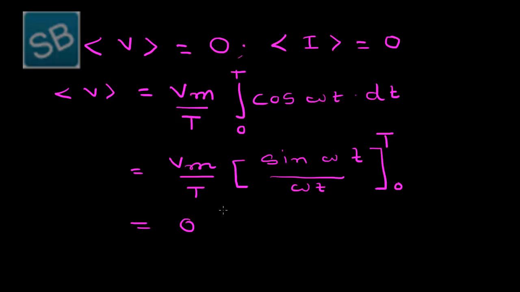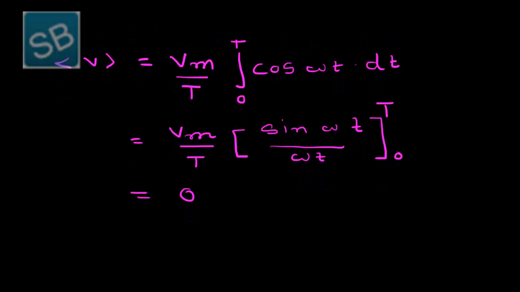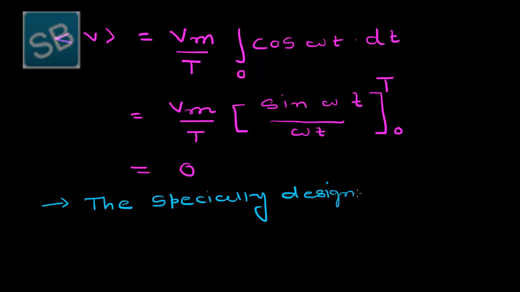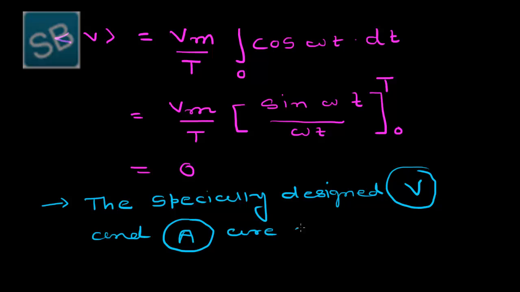But in practice, a specially designed voltmeter and a specially designed ammeter are used to measure voltage V and current I. These meters will give not the actual value, but a root mean square value.